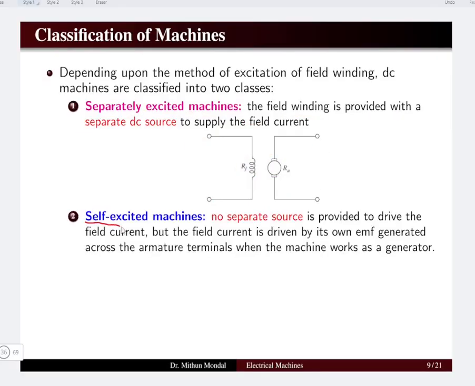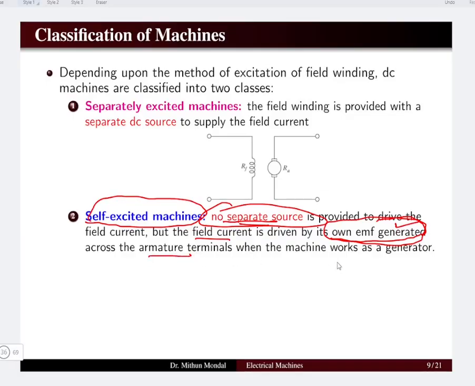Whereas in the self-excited machine, we will be seeing that no separate source is present, and the field current is driven by its own generated EMF. So the machine itself will be generating the EMF which will drive the machine. No separate DC source will be present in the machine, and this EMF will be produced at the armature terminals when the machine is working as a generator.